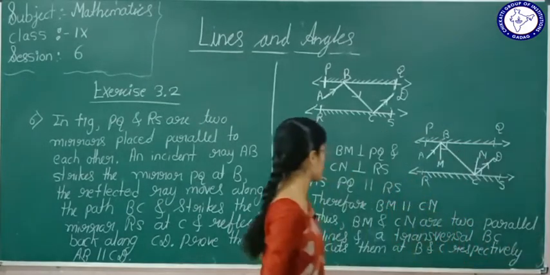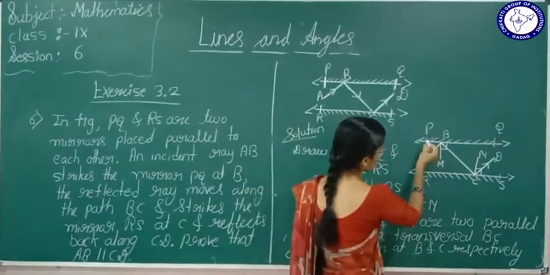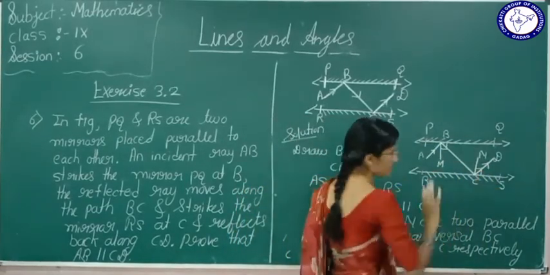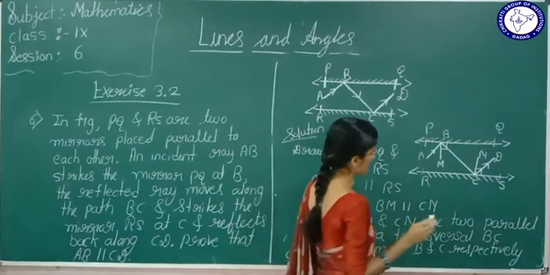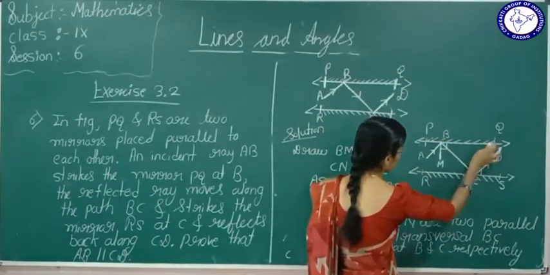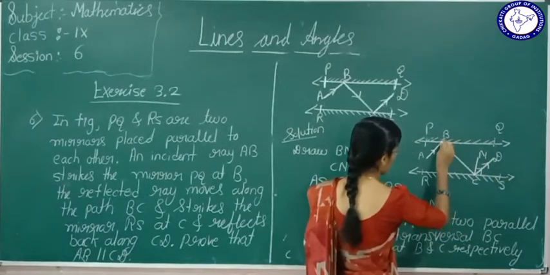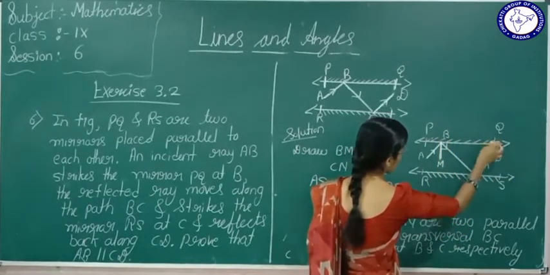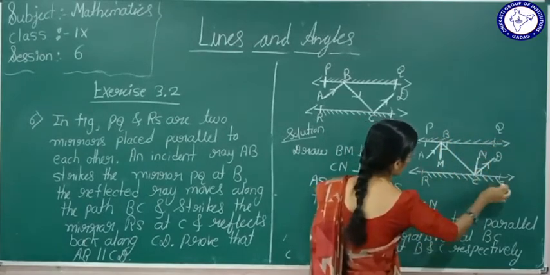Now see here students, PQ is parallel to RS. We knew that PQ is parallel to RS, and we have drawn BM perpendicular to PQ and CN perpendicular to RS.